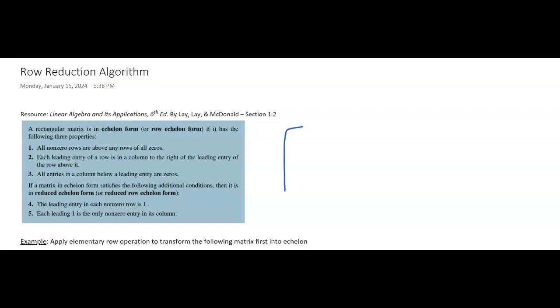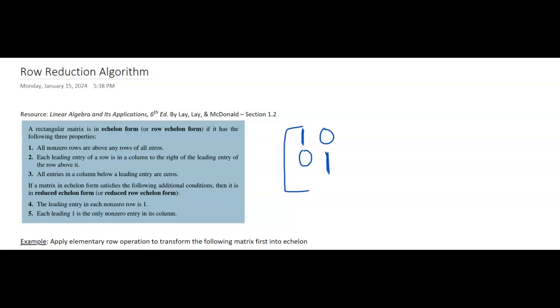Okay. Each leading entry of a row is in a column. So leading entry meaning like there's a 0 and then there's a 1, is in a column to the right of the leading entry of the row above it. That's what it means. So if I have a leading term here, it is to the right of the leading term in the row above it.